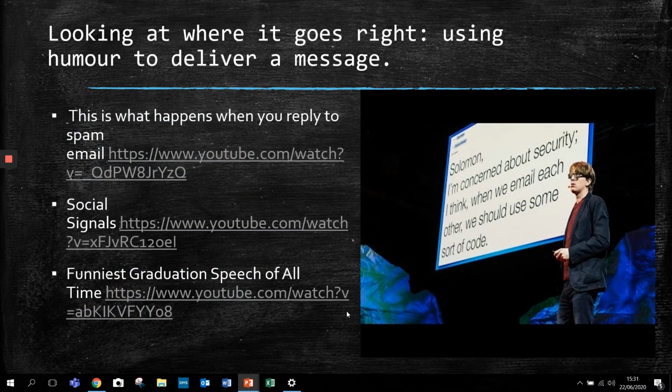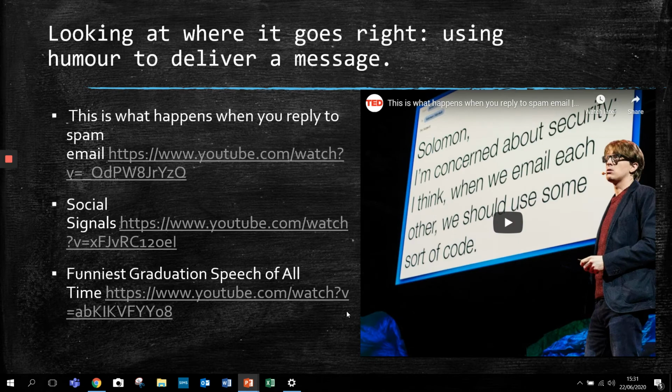Now, looking at where it goes right, using humour to deliver a message. So you've got 3 examples here. This first one here about replying to spam, this is actually the video that's been embedded here. And it is really good, so watch it. Second one here, socials. This is David Mitchell speaking, who is a TV personality, and it's all about basically how he feels about something. And the third, the funniest graduation speech of all time.